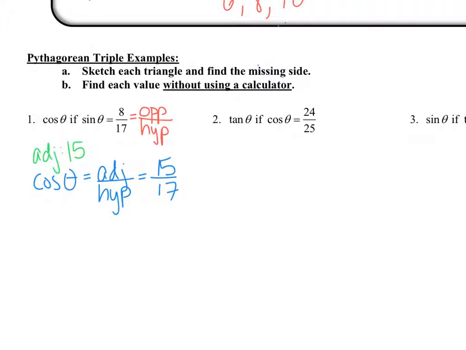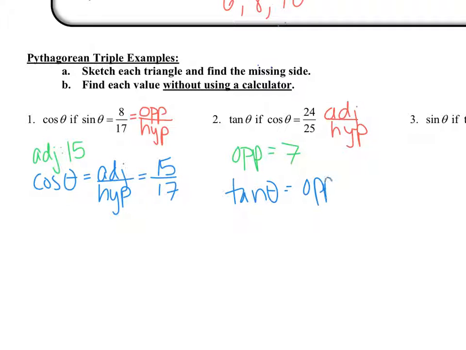All right, let's do another example together. Number 2, cosine is adjacent over hypotenuse, so I am missing opposite. This is a Pythagorean triple, so the opposite is 7. And then tangent theta is opposite over adjacent. So 7 over 24.